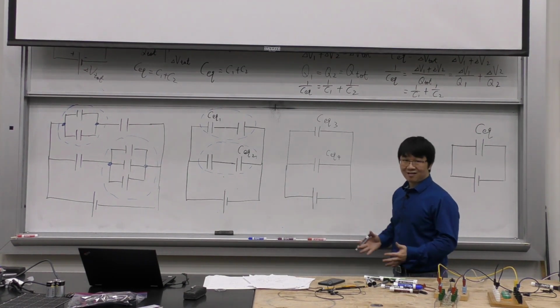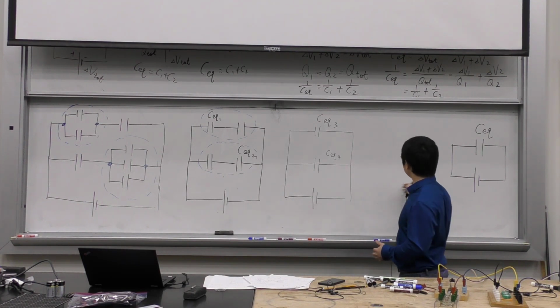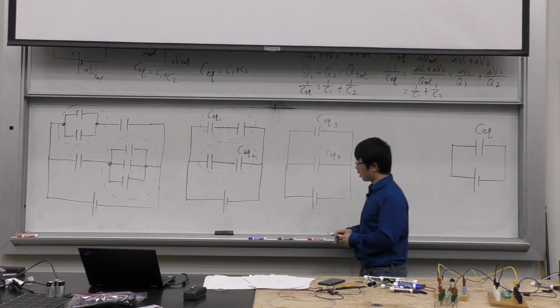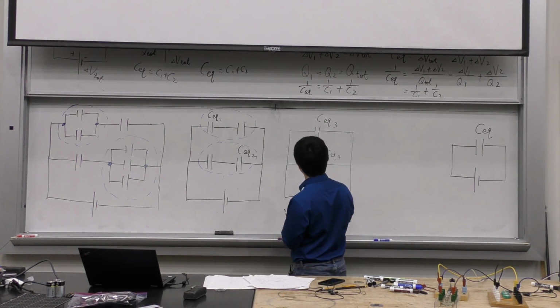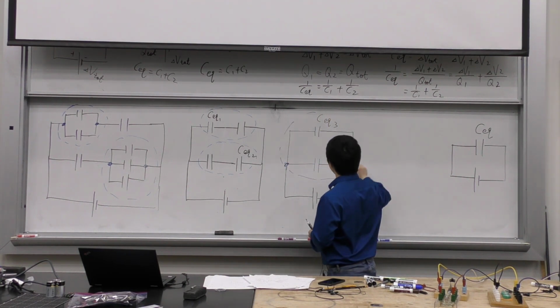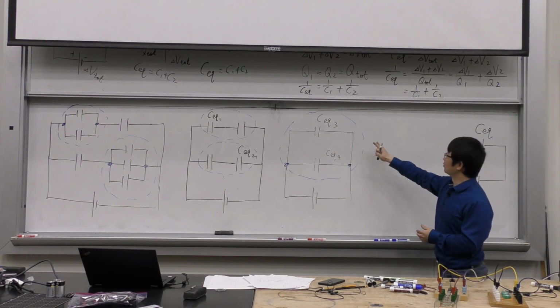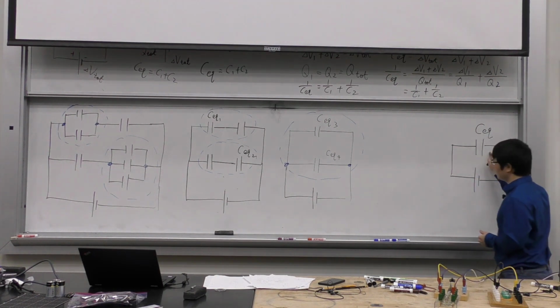Now, from this diagram, how do I get to that? Well, it's obvious these 2 guys are both connected to the same 2 points. These 2 guys are in parallel. I can replace that with one equivalent. That's going to be the final CEQ I find.